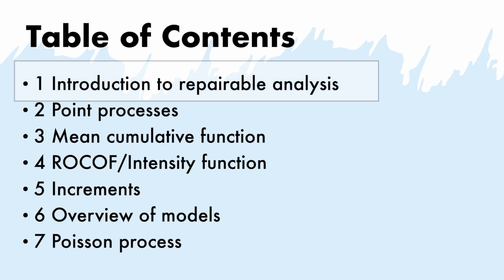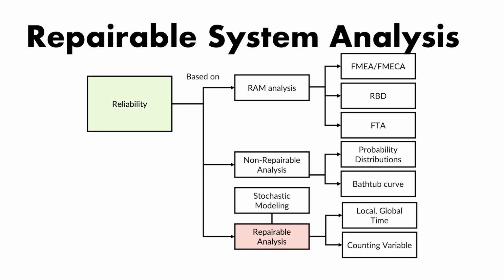Let us start the lesson from the beginning, with the analysis of repairable systems, giving you an introduction to the fundamental concepts. In repairable system analysis, we care about the reliability of the repairable system that we are investigating. To perform repairable analysis, we need stochastic processes knowledge.